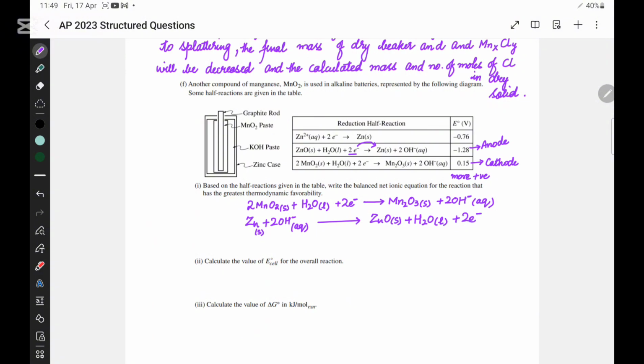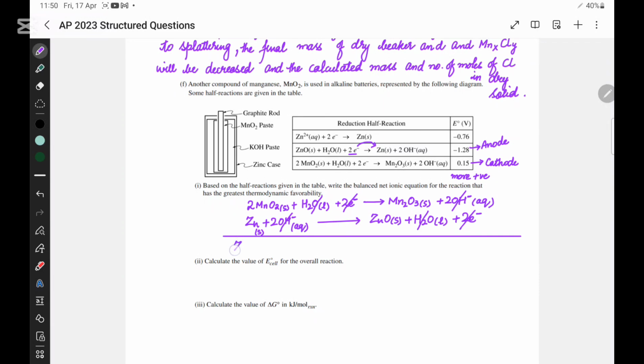First we have to see whether the number of electrons gained and lost are the same. As they are the same, I am just going to add both of them. The 2 electrons would be cancelled. 2OH minus on opposite sides would also be cancelled. And the water molecule is also on opposite sides, so it would be cancelled.